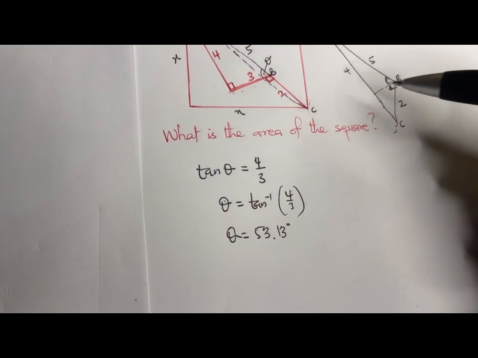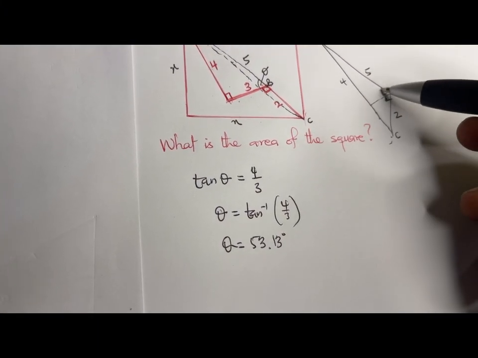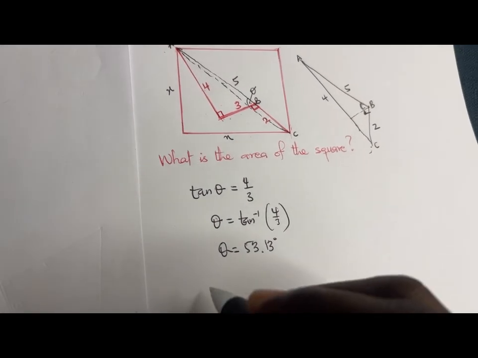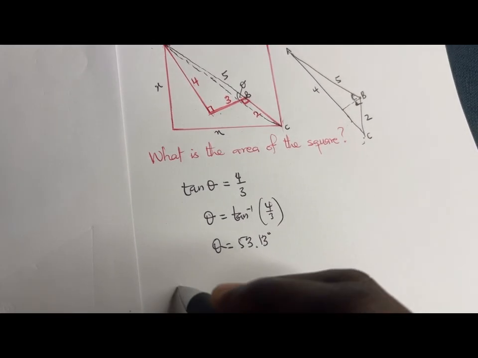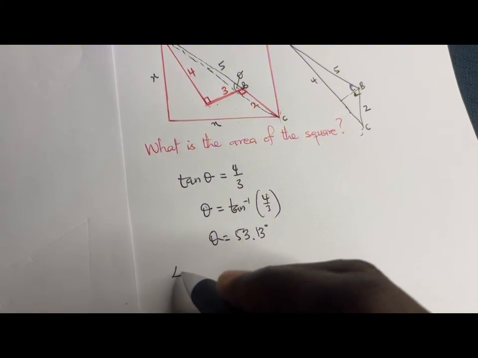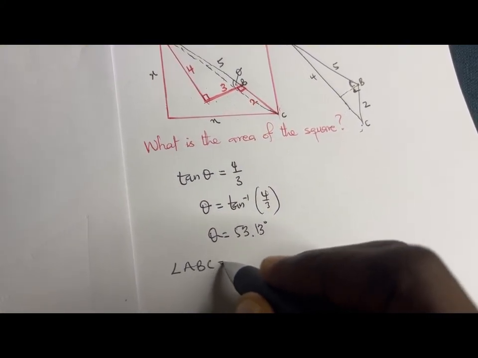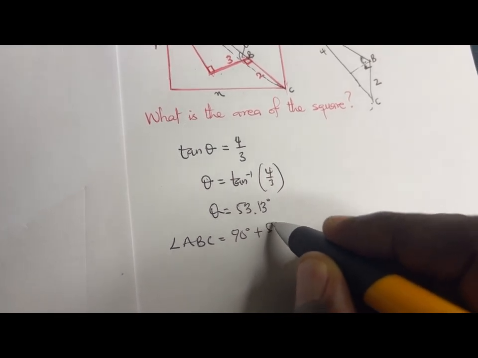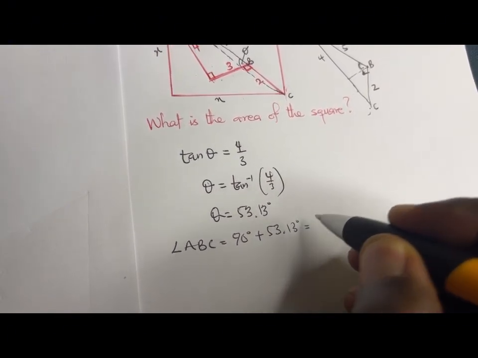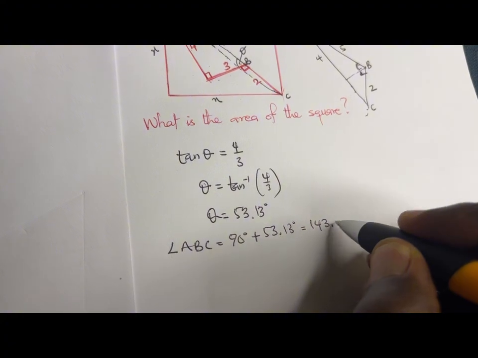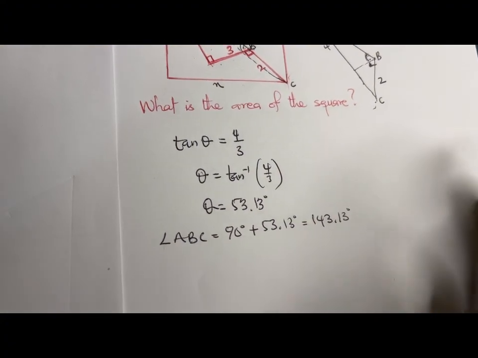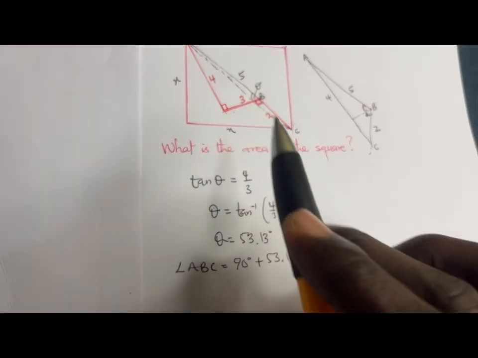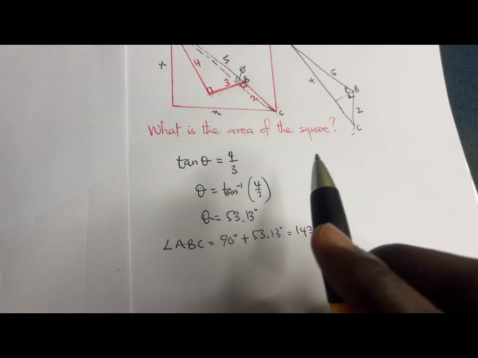So that can be added to the 90, so you get the total angle here. It means that angle ABC will be equal to 90 degrees plus 53.13 degrees, equals 143.13 degrees. So we can use the cosine rule to solve for our length AC.